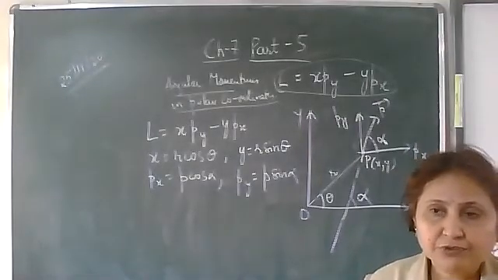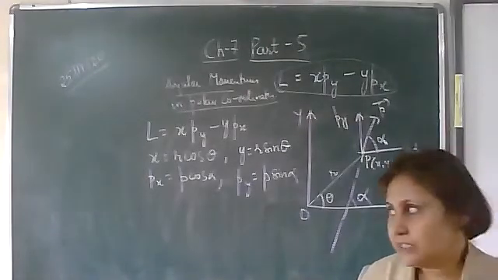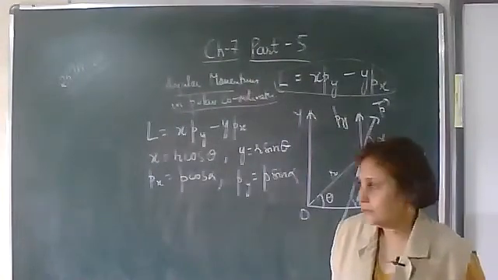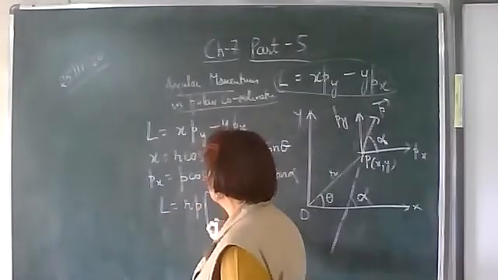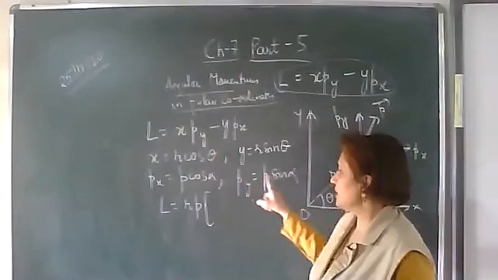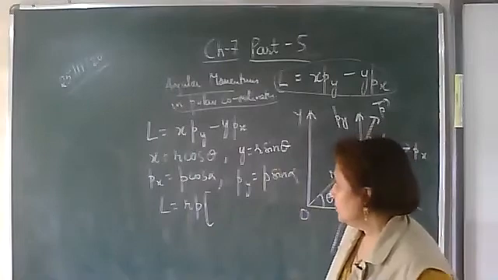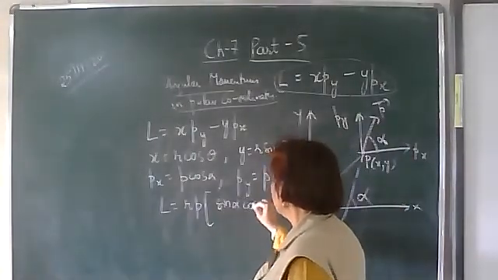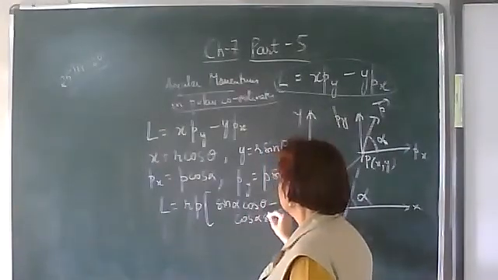Substitute, and then you have to use the formula sin A cos B minus cos A sin B. Taking r and p outside, what do you get? Cos theta sin alpha minus sin theta cos alpha, which can be written as sin alpha cos theta minus cos alpha sin theta.